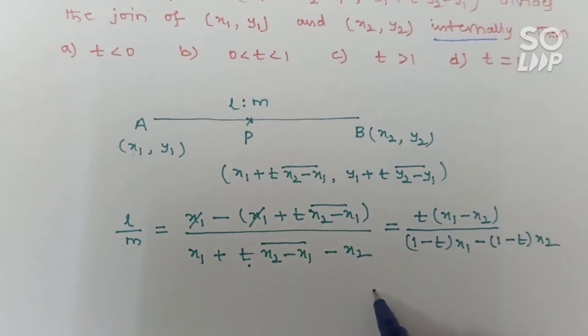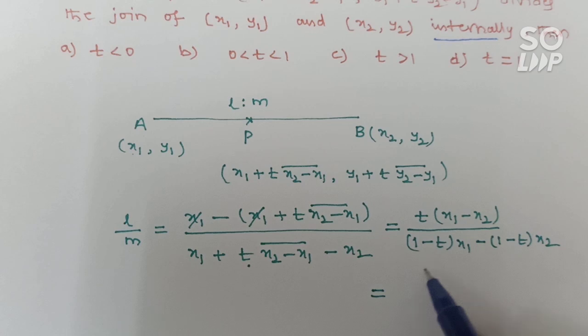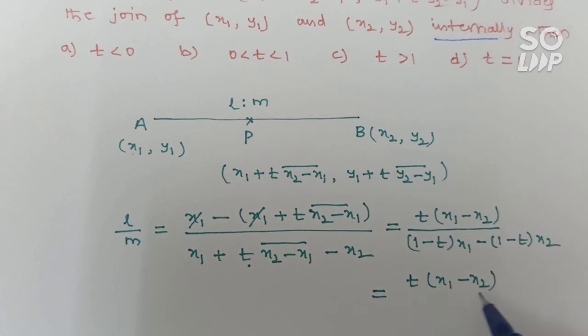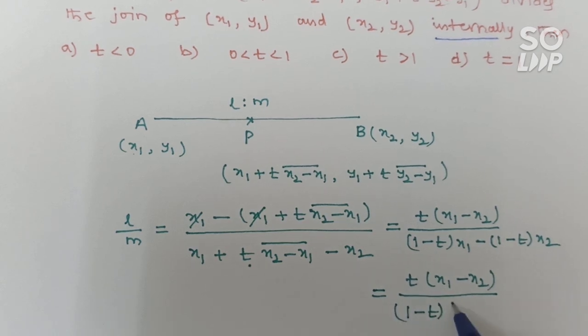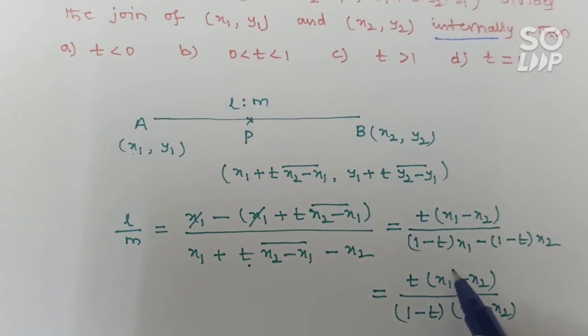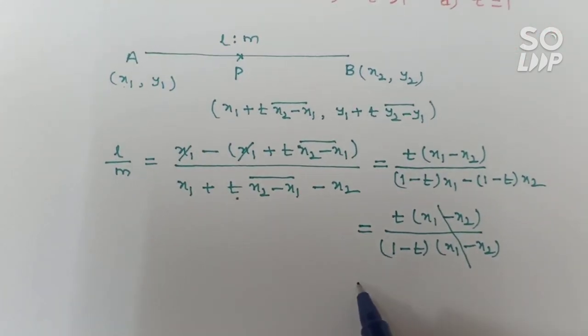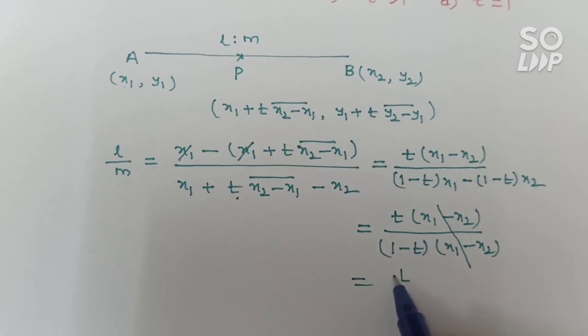Now in the denominator 1 minus t is common, so t into x1 minus x2 whole divided by 1 minus t into x1 minus x2. x1 minus x2 will be cancelled. Now this one will be equal to t whole divided by 1 minus t.